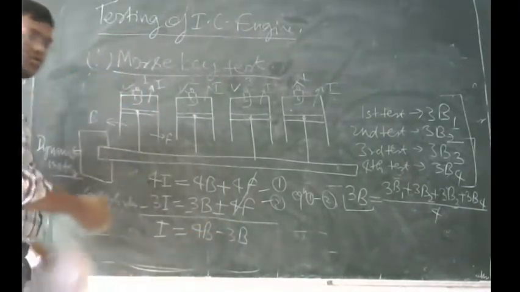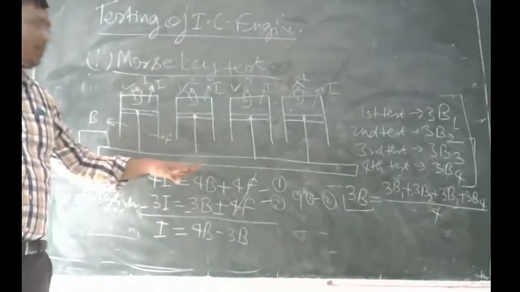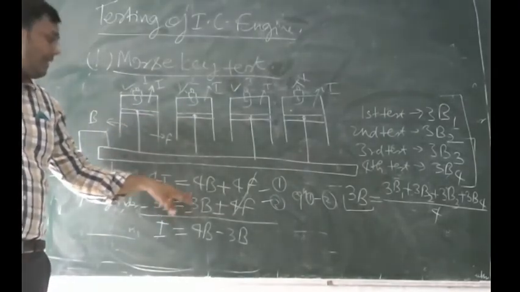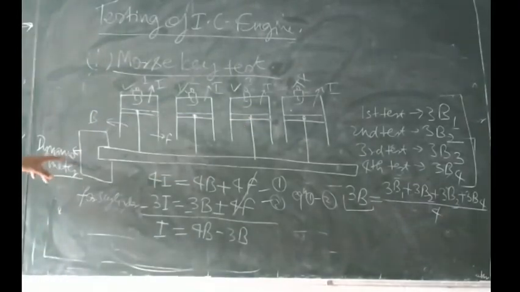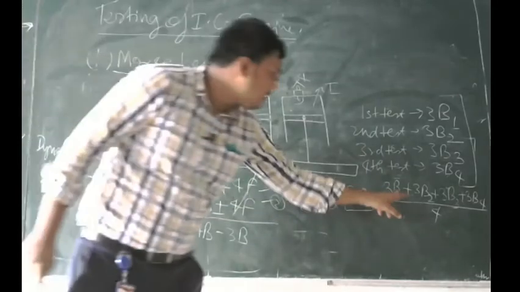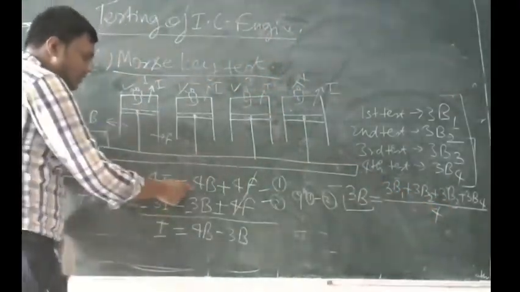Now we do not just write that 4B minus 3B equal to B, because 4B is a different reading from 3B. The value of 4B we calculate when all four cylinders are working, we get the reading on the dynamometer, and the value of 3B we calculate by taking the average of all four readings. So both these values are different.